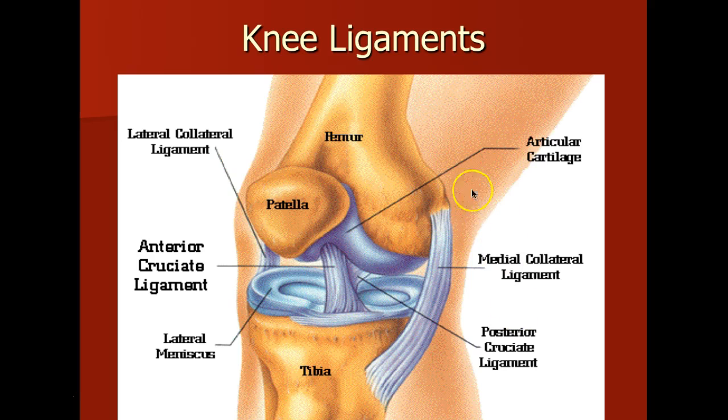For example, right here, the ACL attaches anteriorly in relation to the posterior cruciate ligament, which attaches posteriorly. That's how they name the ligaments. So if you're looking at an anatomy book and it's not labeled, that's how you can tell them apart. Depending on where each ligament is attached, you'll know, okay, that's the ACL, and the one that attaches behind it on the tibia is going to be the PCL.